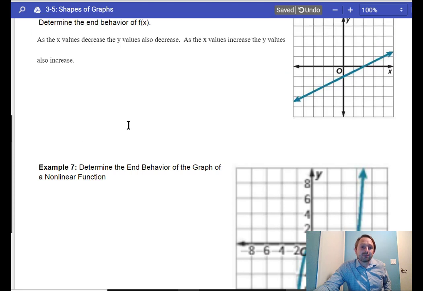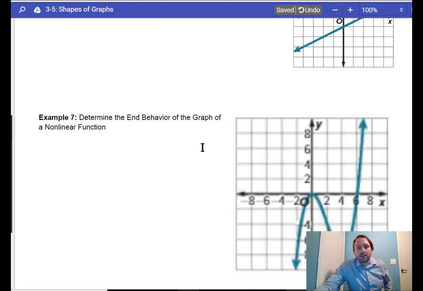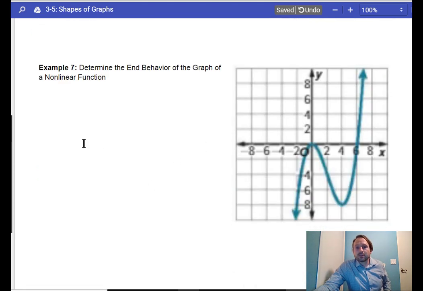Example 7. Determine the end behavior of the graph of a nonlinear function. Basically, what we have to do is figure out that at a certain point, it's always going to go a certain way. As we go this way or that way, we figure out the zeros of the graph.